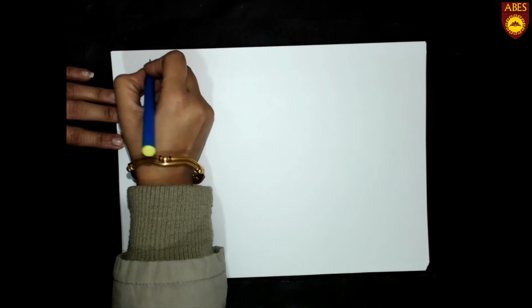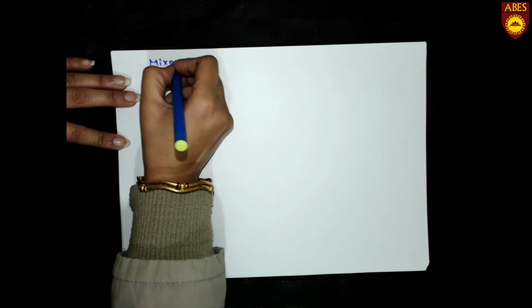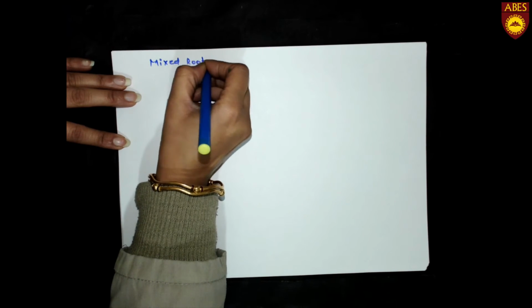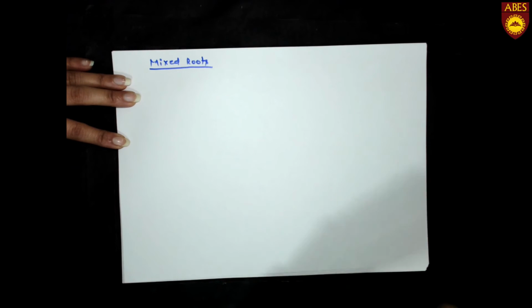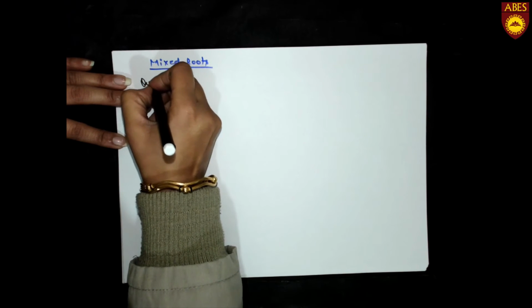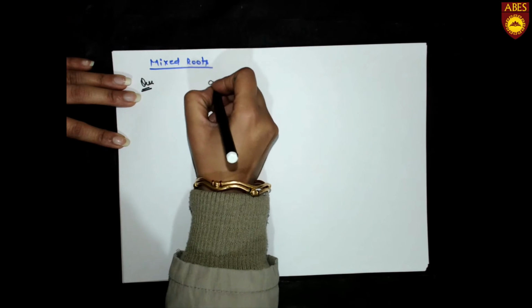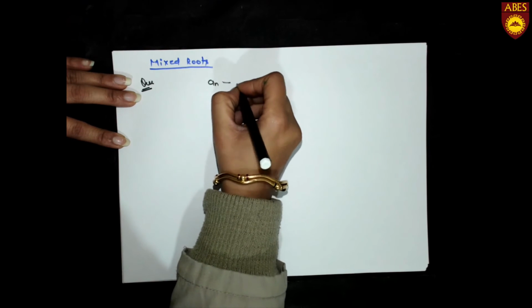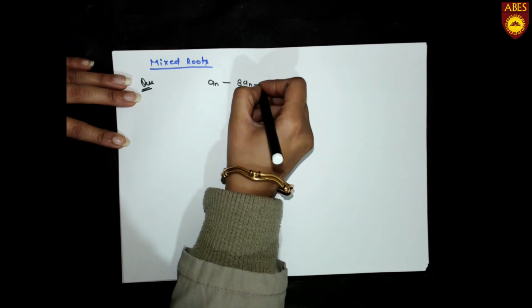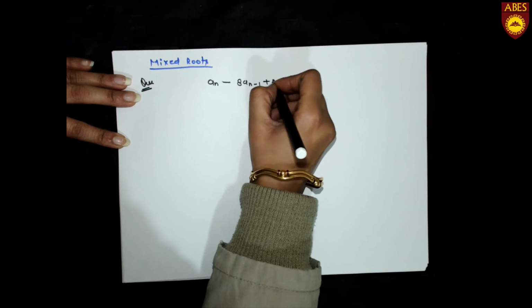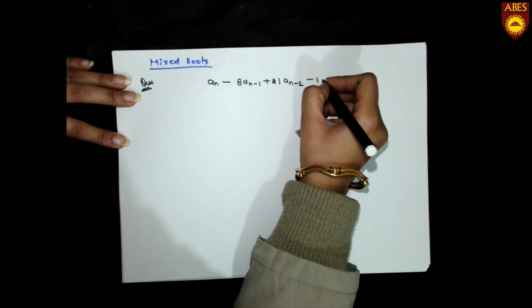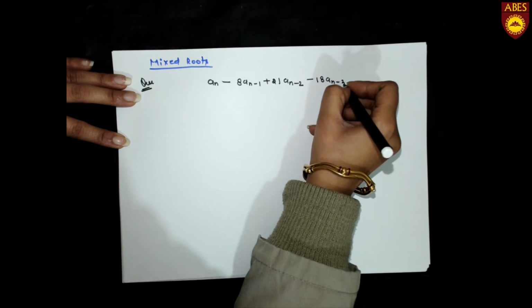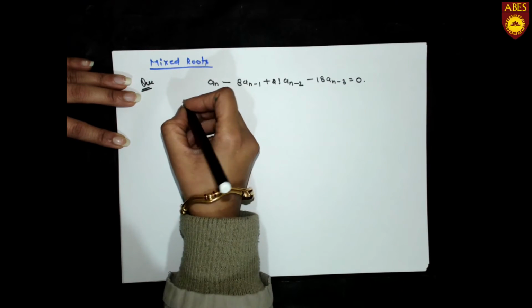Then we come to mixed roots. Mixed roots are a combination of distinct plus multiple roots. Taking another example for mixed roots, the equation is an minus 8an minus 1 plus 21an minus 2 minus an minus 3 is equal to 0.